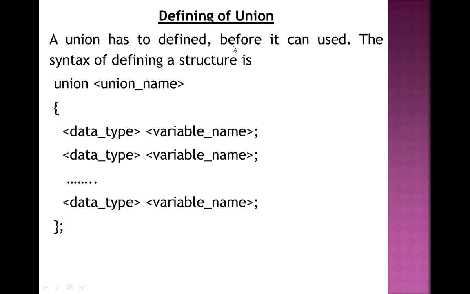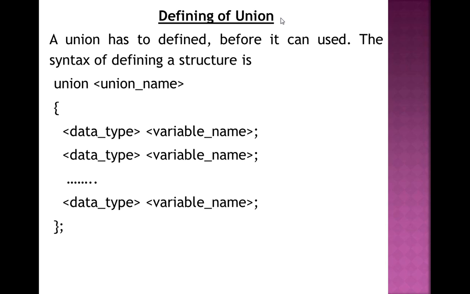A union has to be defined before it can be used, in the same way we did with structures. What is the difference in the syntax? First of all, we use the keyword union. In a structure we use the keyword struct; in this we use the keyword union. Then there is a union name, which can be any name, like employee.